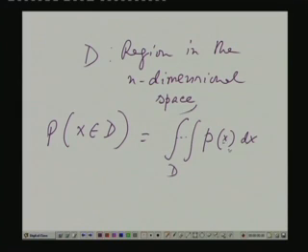X is a vector, you can say x1 up to xn, if you want you can write it like this. So, you can see that it is nothing but a generalization of our previous concepts from 2 variables to the general case of n variables.